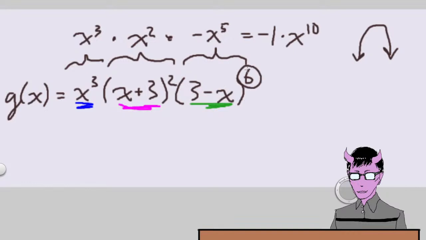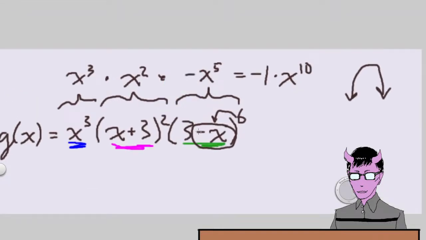If this is going to be a multiplicity of 6, we partially distribute to this entire negative x. But the negative will become eradicated because this is an even-powered exponent. So it will become positive x power 6. So this whole thing changes. It will have changed to x power 11 with a positive coefficient of 1 in the front.